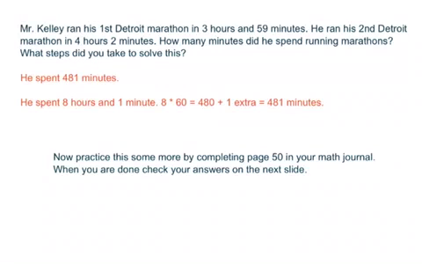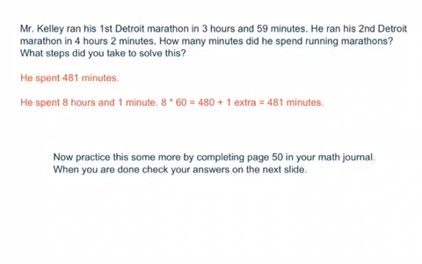Okay, here's what I'm saying. He spent 481 minutes. And the way that I got that was that I added together the 3 hours and 59 minutes with the 4 hours and 2 minutes. And I did that by taking one of the 2 minutes from the 4 hours and 2 minutes and adding it to the 59 minutes to make one more hour. So then I had 4 hours plus 4 hours and 1 minute.